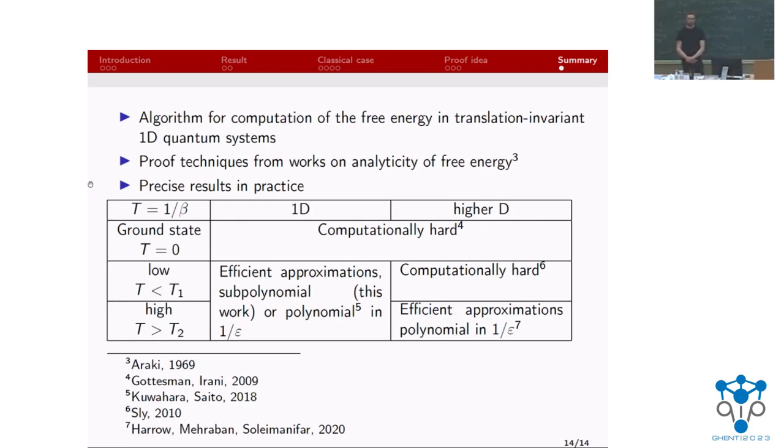Any other? Oh, sorry. Hi, I was wondering, do you think that the techniques that you apply here could also generalize to 1D long-range systems? If it's polynomially decaying, I'm not optimistic. If it's exponentially decaying, I think yes. I've always advertised this work here, which is very old and hard to read.